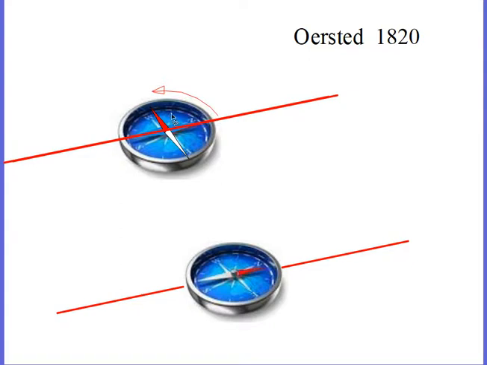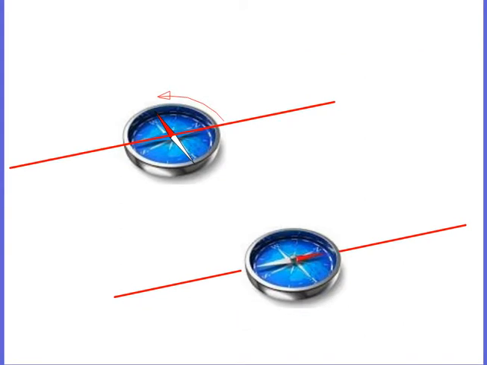Would it do the same thing? Or would it do the opposite of what was there before? And it turns out that when the wire is underneath and you send the same current through the wire, the result is that the needle turns the opposite direction.